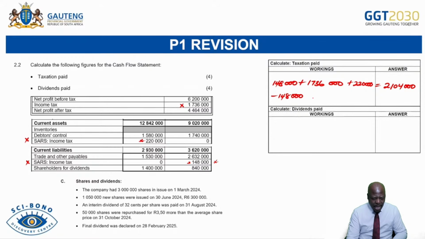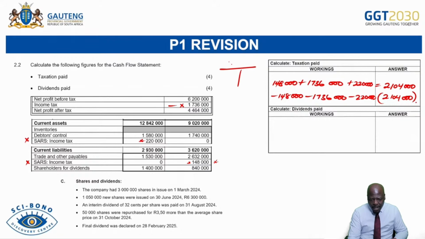And then my income tax is always a minus sign, minus 1,736,000, like that. And then once your SARS income tax is a receivable, it simply means you have paid more at the end of the year. So you're going to say minus 220 or so. And in this case, you're going to end up with 2,104,000 in brackets, depending on what you are doing.